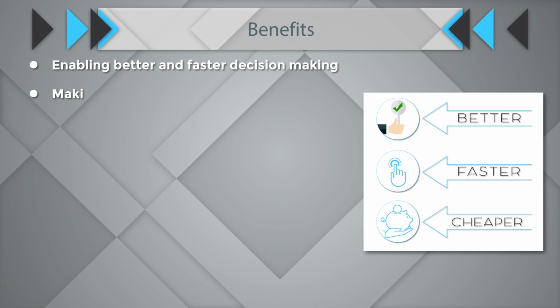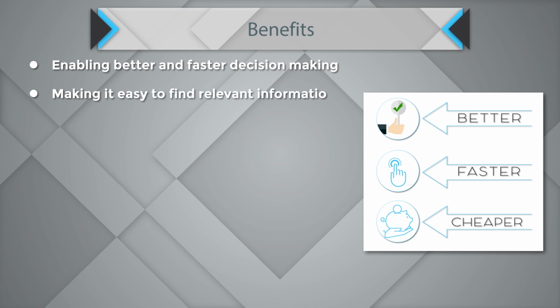Knowledge management makes it easy to find relevant information and resources. A carefully created knowledge database will make it easy for us to retrieve relevant information and resources which are important for decision making in the organization.